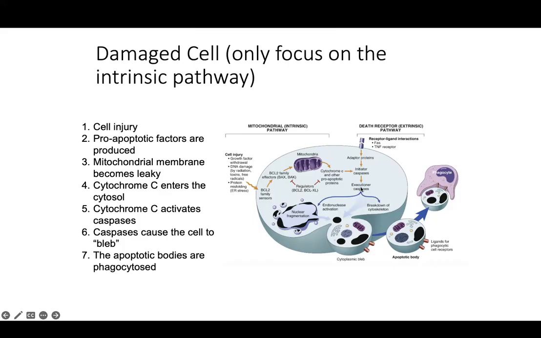Those executioner caspases are going to start to break down the nucleus, break down the cytoskeleton, and you're going to get these little tiny blebs coming off of the cell. The cell is going to break off into little tiny pieces, and those pieces are eventually going to get engulfed by our phagocytes and broken down. There's no leakage because every one of these blebs is completely covered in membrane.